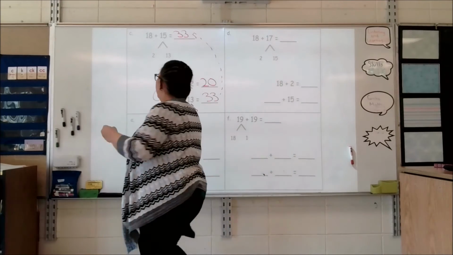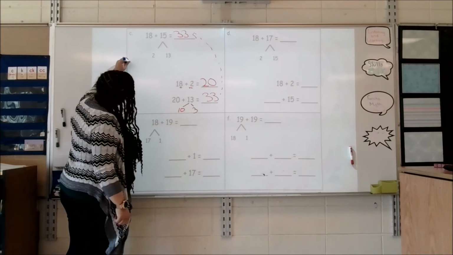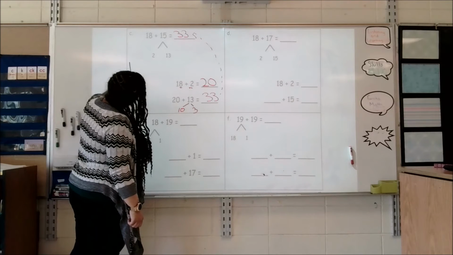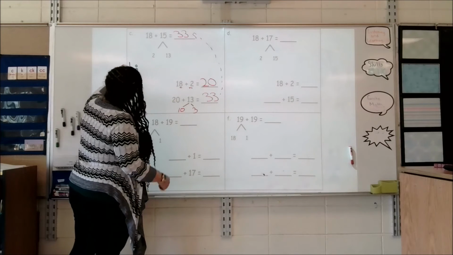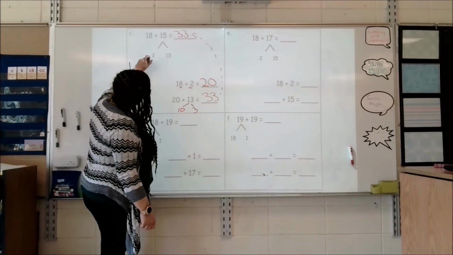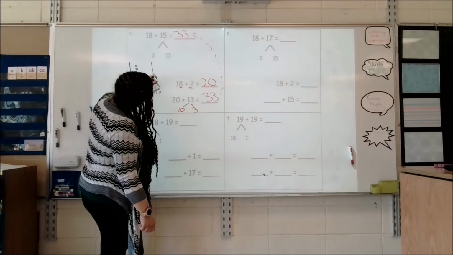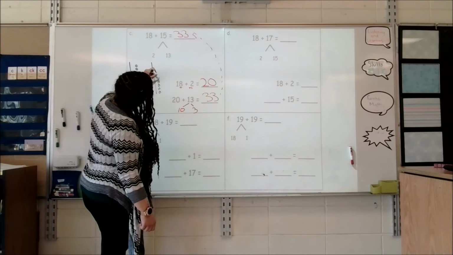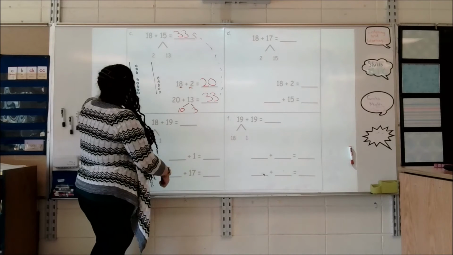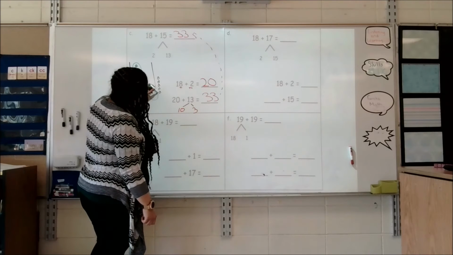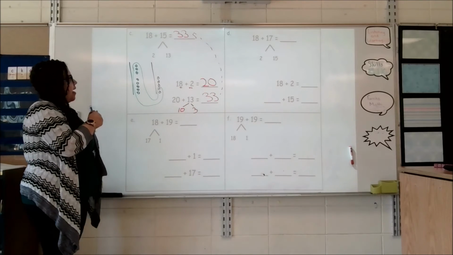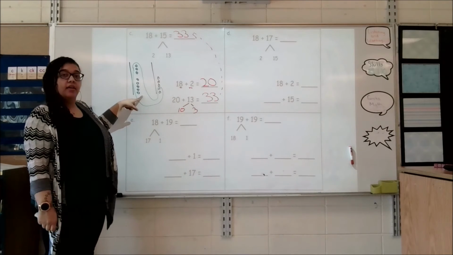Get out the colorful markers. 18: 10, 11, 12, 13, 14, 15, 16, 17, 18. 15: 10, 11, 12, 13, 14, 15. All right, what I did, I created a group of 10.